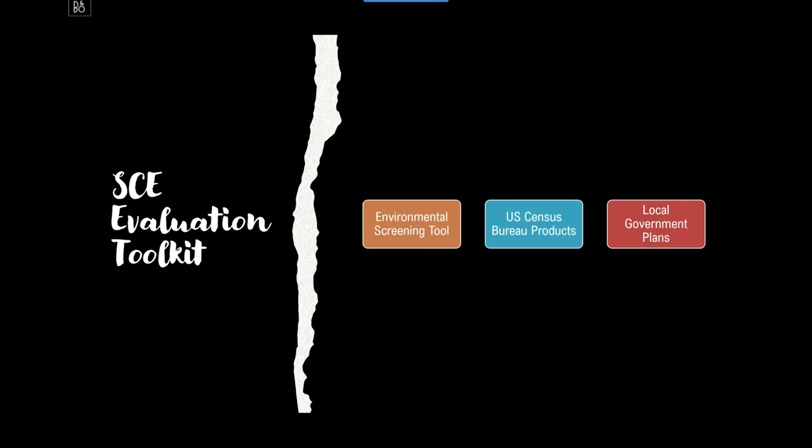This includes the environmental screening tool, which I believe was touched on this morning with ETDM, the US Census Bureau products that we get, and also your local government plans, things from municipalities, and your community outreach plans. Things like that are going to help involve and inform our analysis.